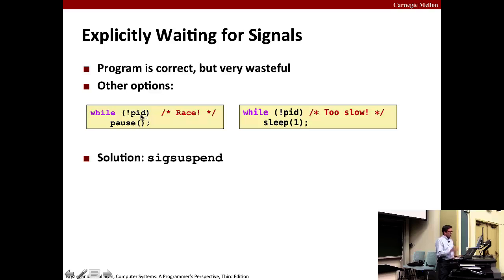But this is actually wrong because it has a race. Can you see what the race is? What's wrong with this? There's a good chance that this thing will block forever. Yes?